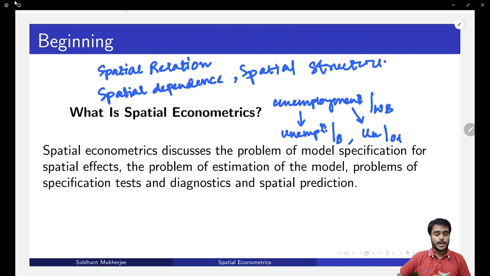Normal regression models, normal cross-section models, cannot capture these locational structures.